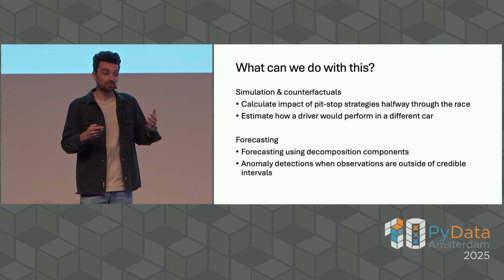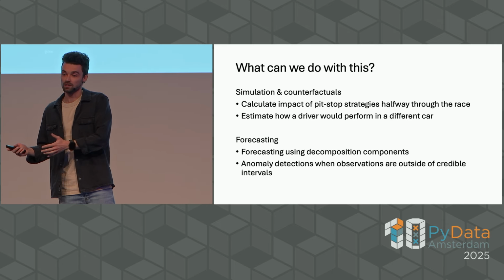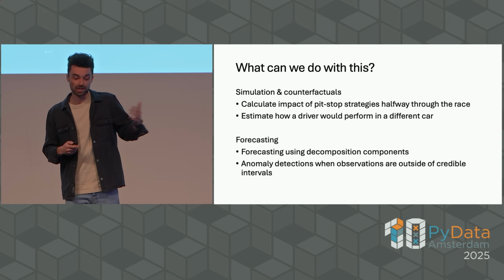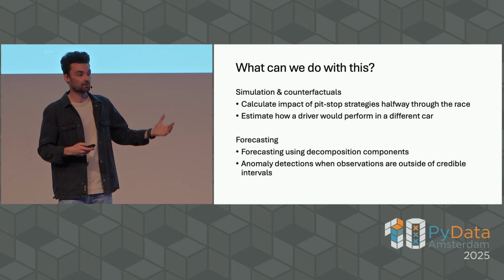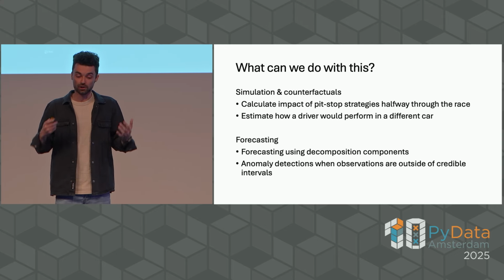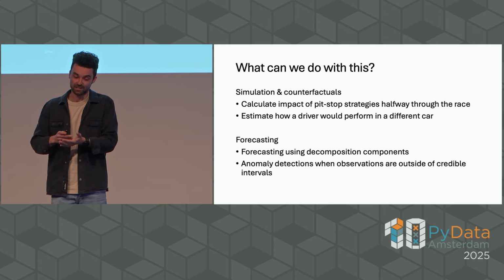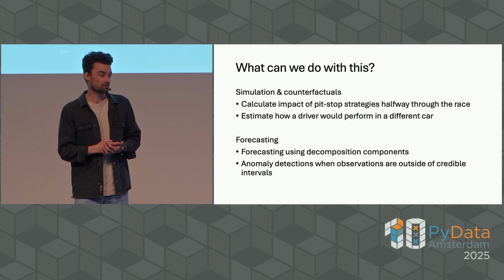We could hypothetically estimate how a driver would perform in a different car if we use the cross-nested multi-level models. We can use this for forecasting and the decomposition components that we've seen earlier in this talk. We can do anomaly detection to find the outliers that are basically far out of the credible interval after we've subtracted the model from our data.